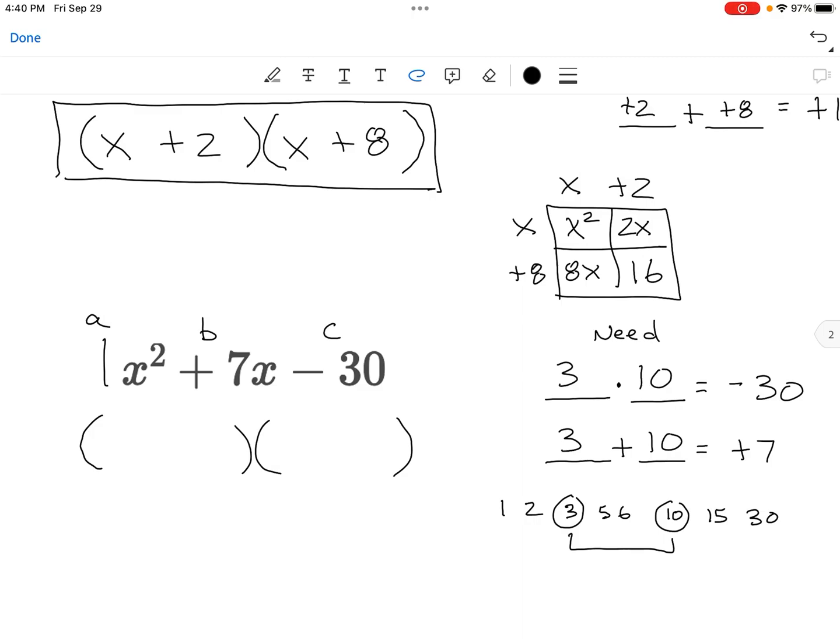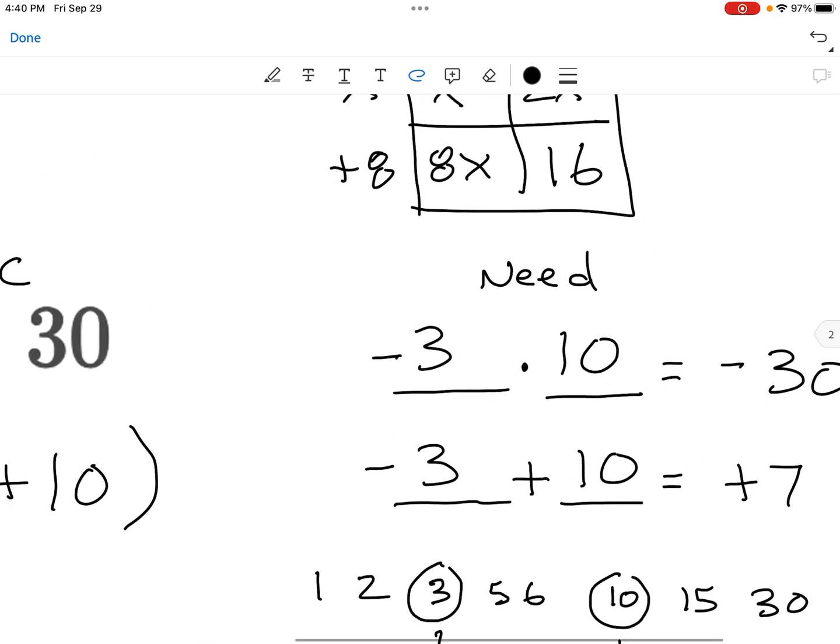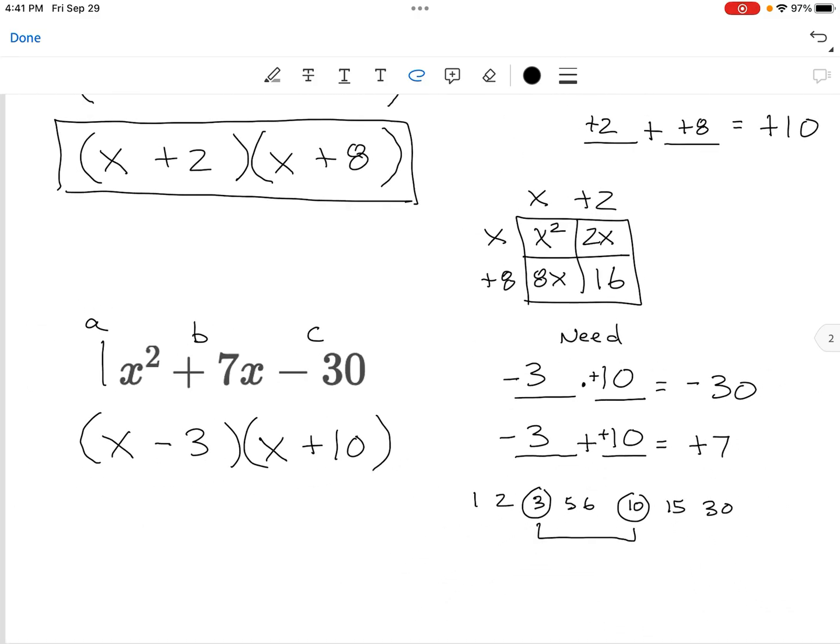If we had done it the other way, negative 10 would not work down here. That would give you negative 7. So negative 3 would work. It would be x minus 3 times x plus 10. I'll put my signs up here. This should be a plus 10, just to be specific.